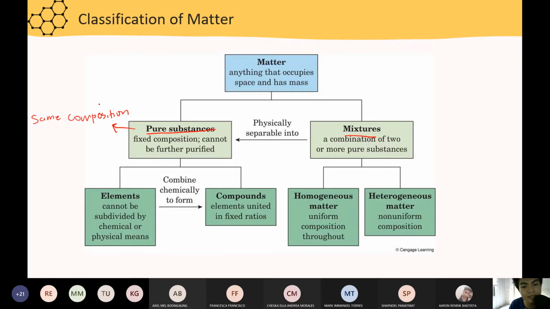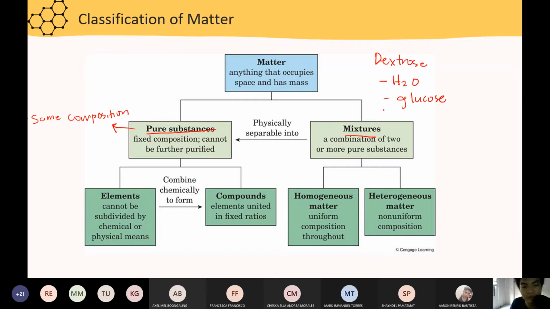However, if you start mixing them, you will come up with what's called a mixture. When you say mixture, this is a combination of two or more pure substances. So, for example, if you're going to make a dextrose, okay, so you are familiar with dextrose. It is the combination of water and glucose.